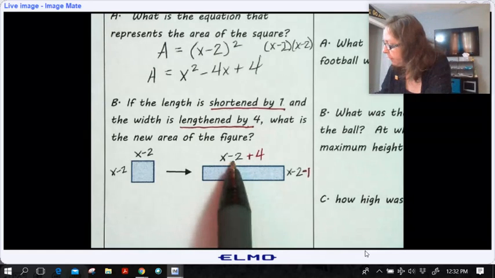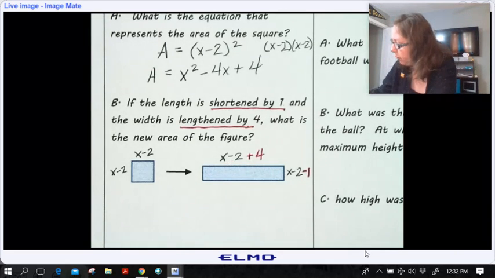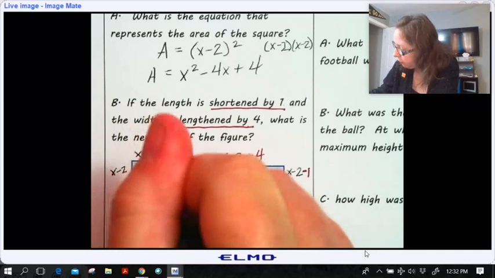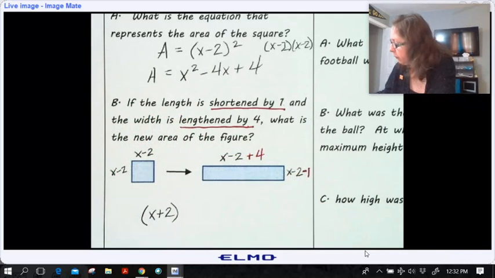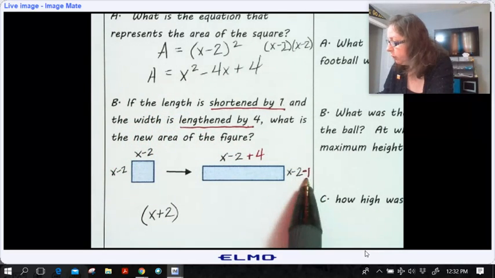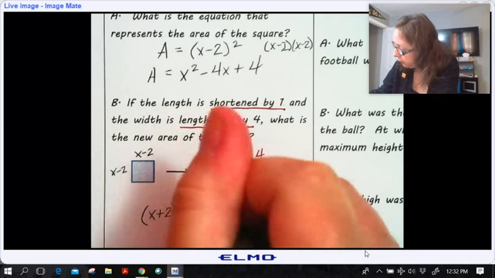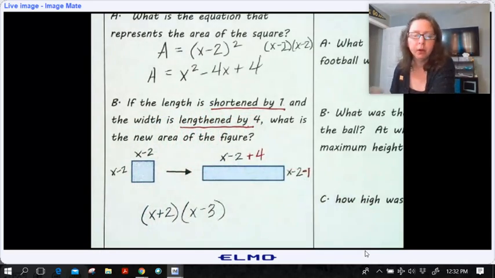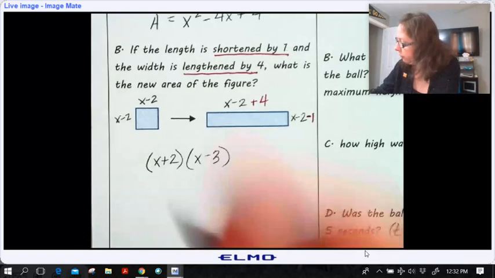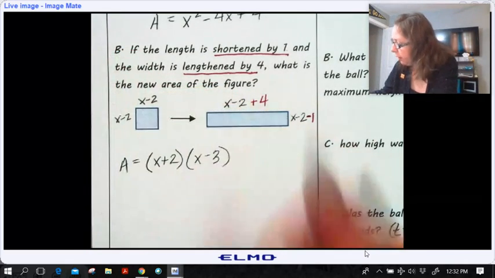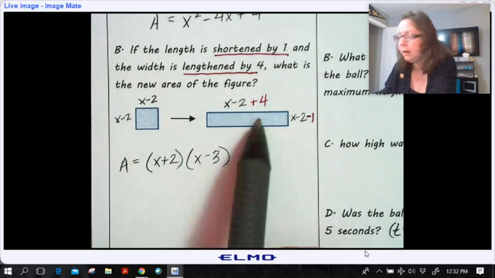So let's simplify this. −2 + 4 is x + 2. −2 − 1 is x − 3. And now we're going to go ahead and multiply this out to find the new area of, instead of a square, I now have a rectangle.